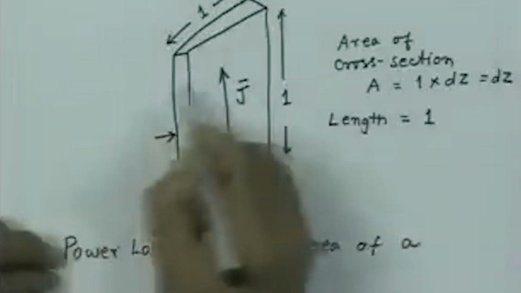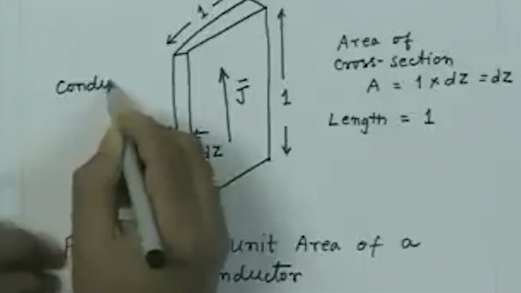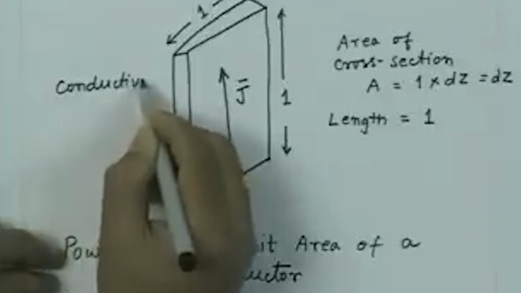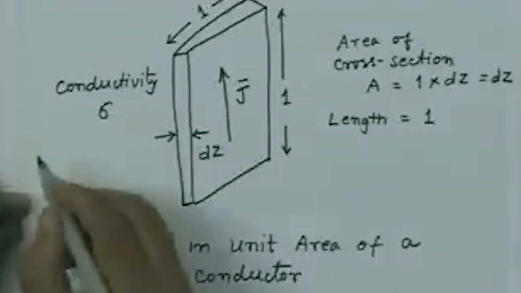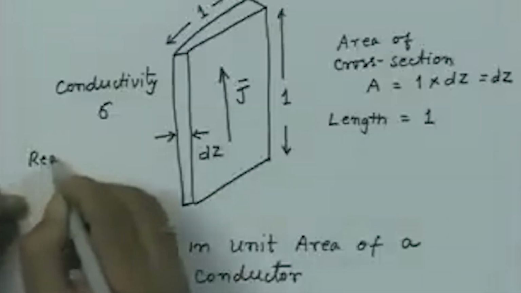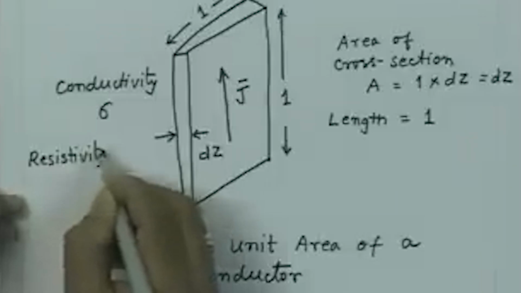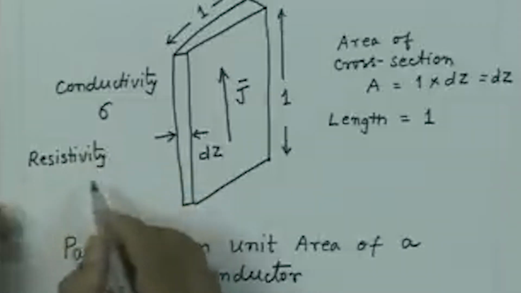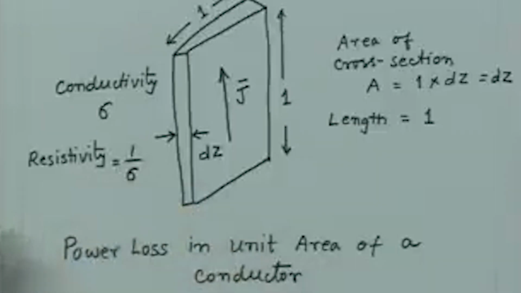The conductivity of this medium is sigma, so it has a resistivity which is 1 upon sigma.